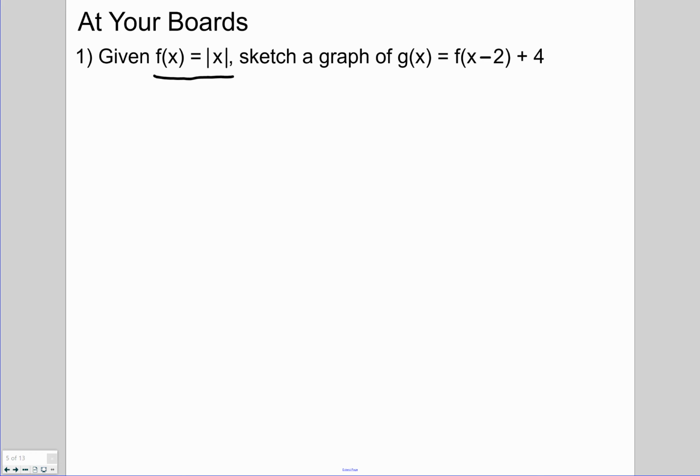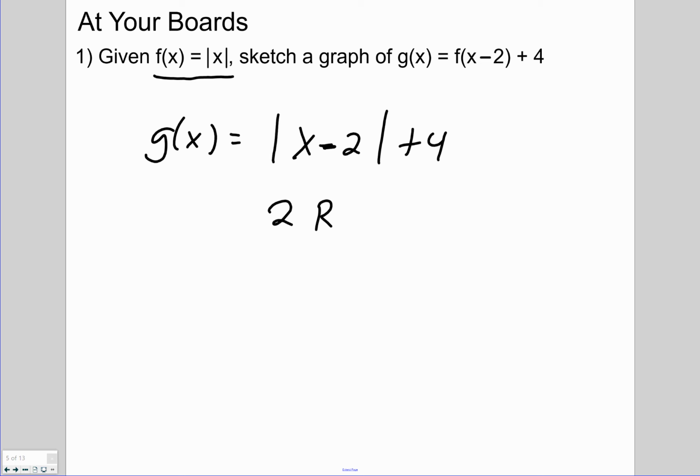It's moving what? It's like this, which is 2 to the right. And then it has plus 4, which is right. Nope. We already went 2 right. It's 4 up.